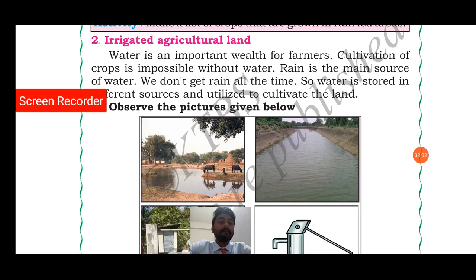Rain is a main source of water. Mostly in the earth's systems, rain is the main source. You can see the pond, river, borewell, whatever it may be, all of them depend on rainwater.